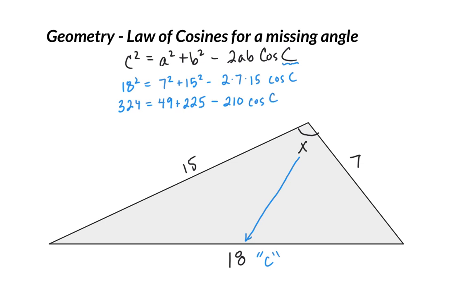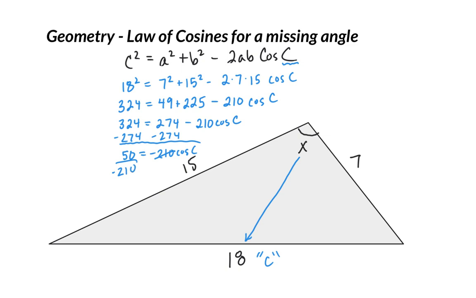And you'll see, I'm now going to start subtracting things around. I'm going to add the 49 and 225. So let's do that first. So I'm going to subtract 274 on both sides. It's going to be 50. I'm going to divide by negative 210.